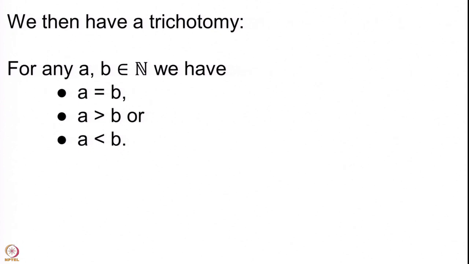This is called an order relation, and this order relation is a fantastic relation. The thing is, given any two natural numbers, there is always some relation. This is what is called trichotomy. If you have any two natural numbers a, b, you will either have that a is equal to b, because remember Z is equipped with subtraction.